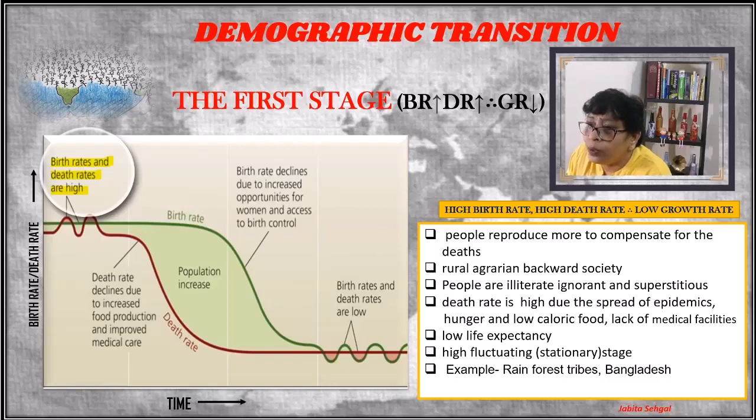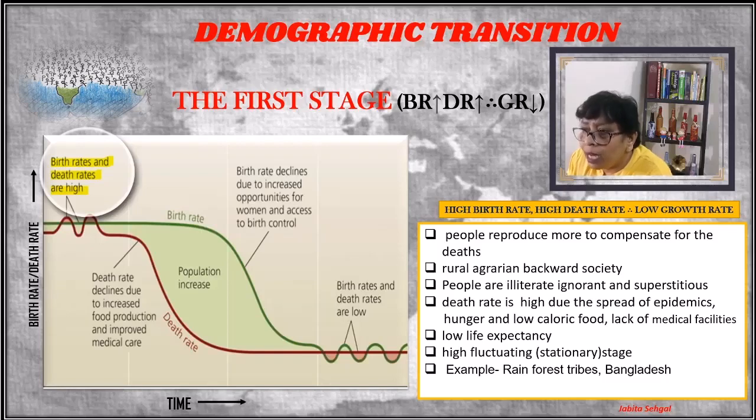Along with high birth rate, the death rate is also high due to the spread of epidemics, hunger and low caloric food, lack of medical facilities, poor sense of cleanliness, dirty and unhealthy surroundings and low life expectancy.